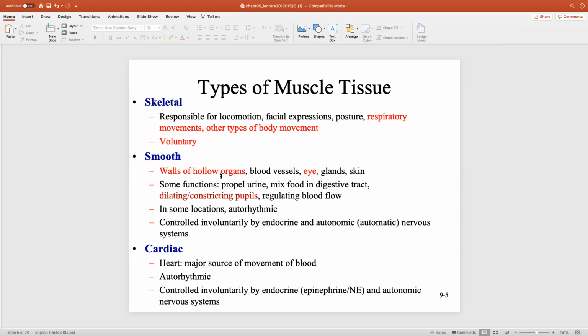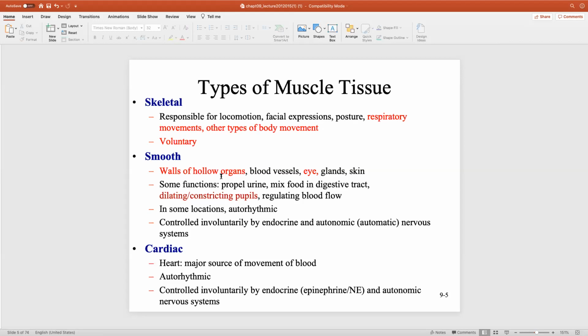Very dense. So for these walls of hollow organs, we need a muscle that will expand quickly. And then once you relieve yourself of that condition, like urination or defecation, it can recoil to its normal resting length. Not only that, we want an organ where you really don't have to think about controlling it all the time.